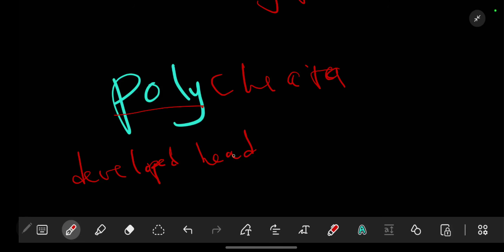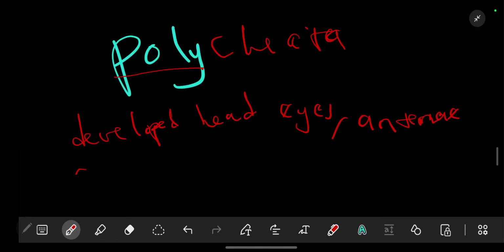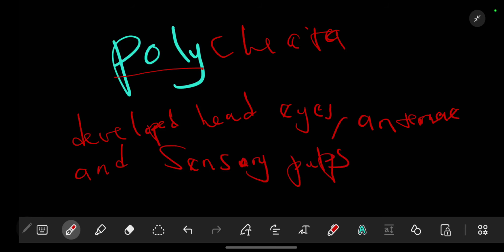They also have eyes, and with eyes, they also have an antenna, as you have seen, and they also have sensory palps. So they are able to sense properly. So those are some of the things.